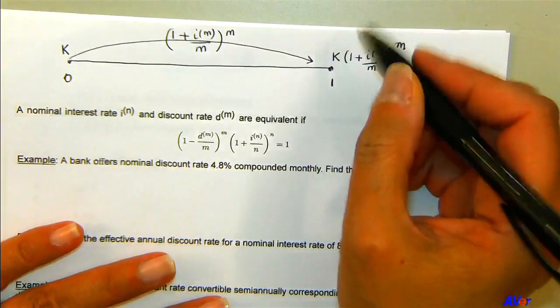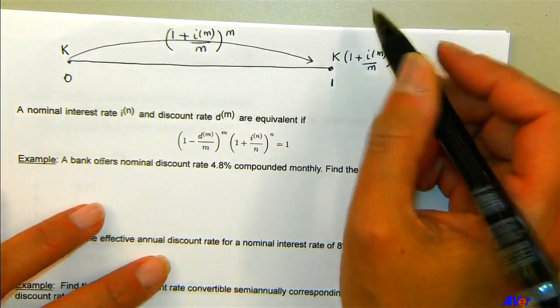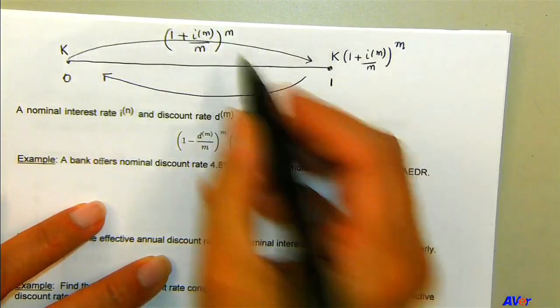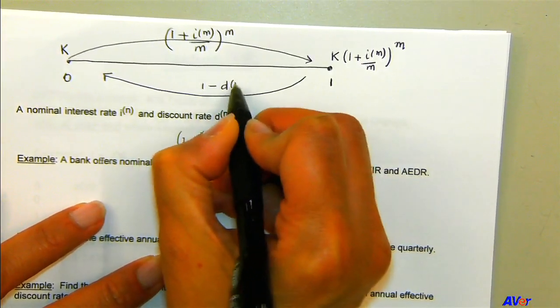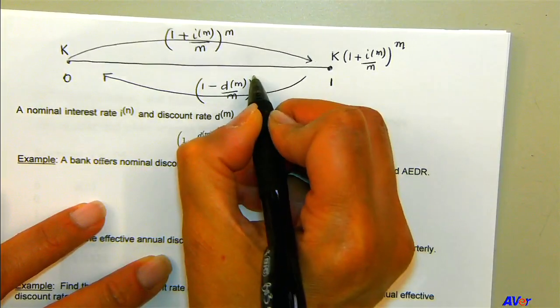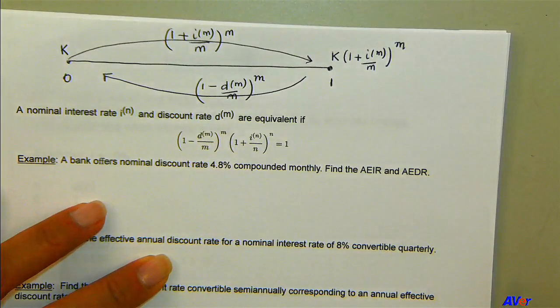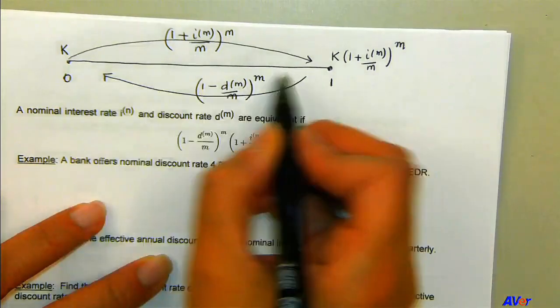If I discount the amount at t equals 1 back to t equals 0, I would be multiplying by the discount factor, 1 minus d^(m) over m to the mth power. Discounting, I'm going backwards.